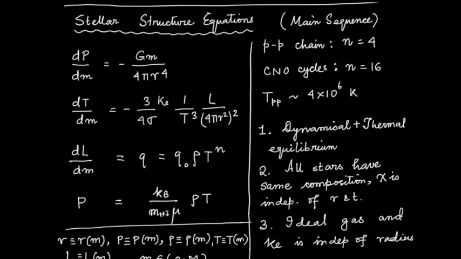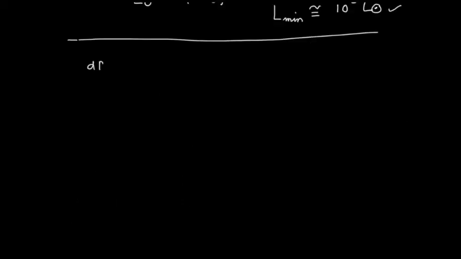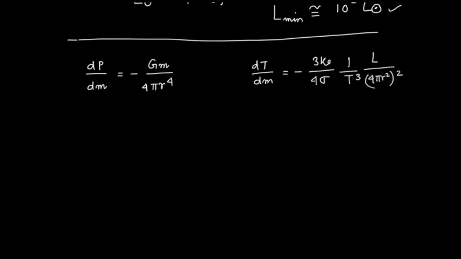Before we end our discussion today, let us have a look at the first two stellar structure equations and the case where the pressure is not because of an ideal gas, but mostly because of radiation pressure. So I have these two equations, and we are looking at very high mass stars.